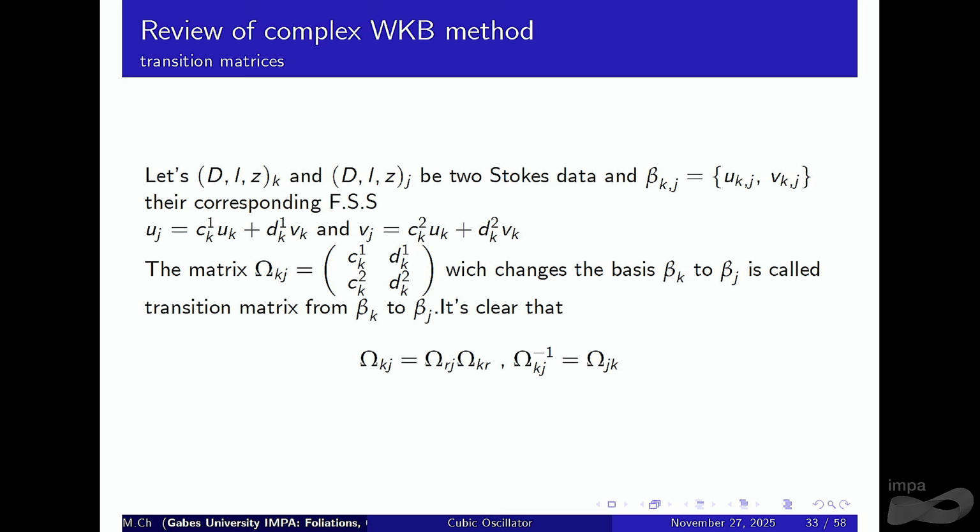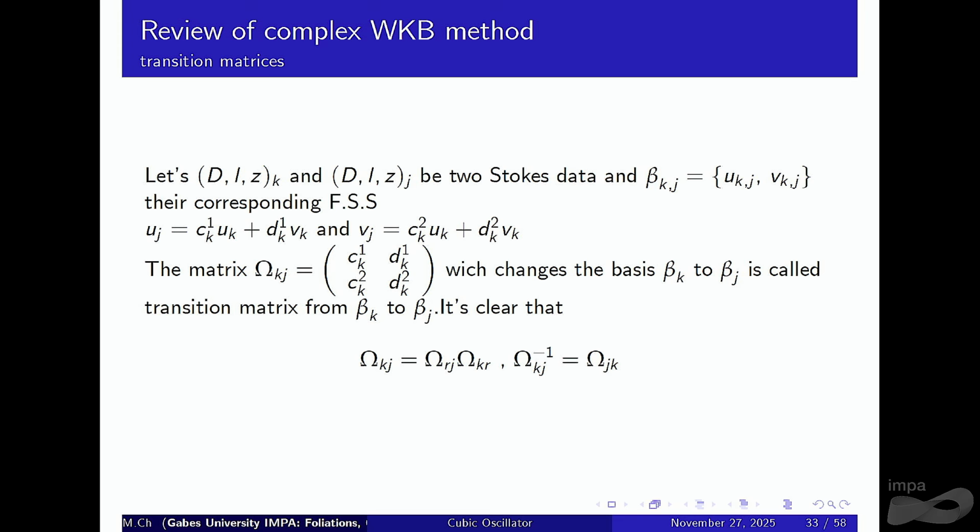As I had said, if we have two fundamental systems, the transition is a 2 by 2 matrix defined by this relation. Fedoruk had classified these matrices into 4 types.